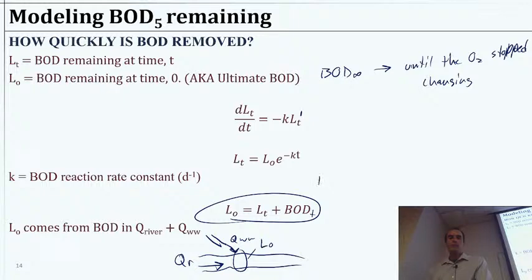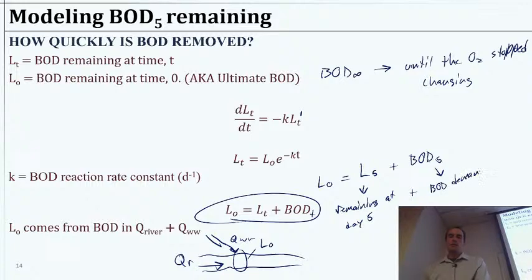So, for example, L naught would be equal to the amount remaining at day 5 plus the BOD demanded over 5 days. Okay, does that make sense?